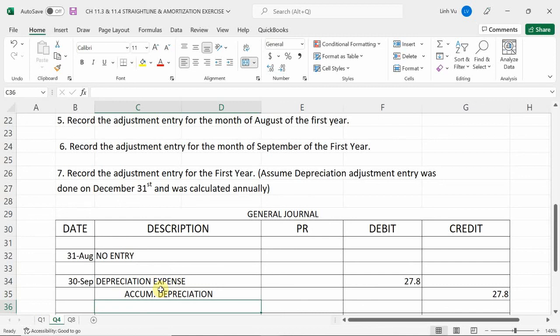You're not recording what it was on December 31st according to that month. You're doing it according to the year for the first year. So it'd be the first number we solved, which is 333, before we divided it by 12. Well, 333 is a full 12 months. That's for one whole year.